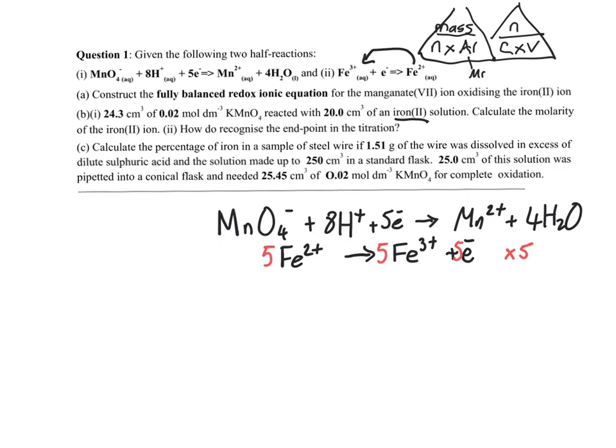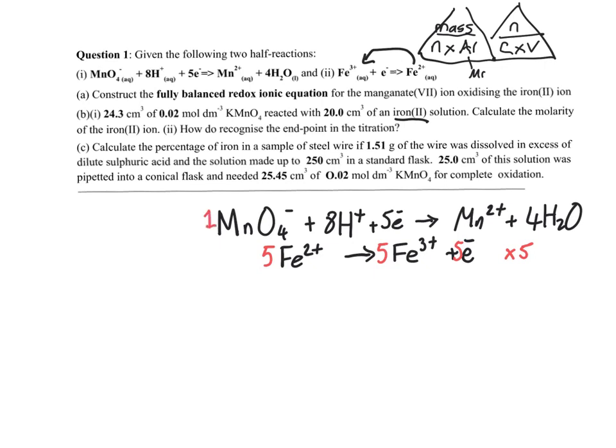So we've written Fe2+ because it's reacting to form iron 3. I've multiplied it by 5 because you can see that the oxidizing agent requires 5 electrons. 1 mole of the reducing agent, the Fe2+, only gives 1 electron, so we multiply it by 5. So the ratio of the oxidizing agent to the reducing agent is 1 manganate to every 5 iron ions.